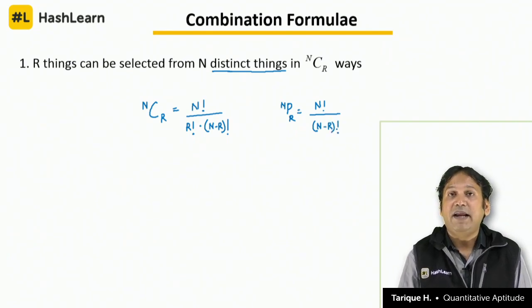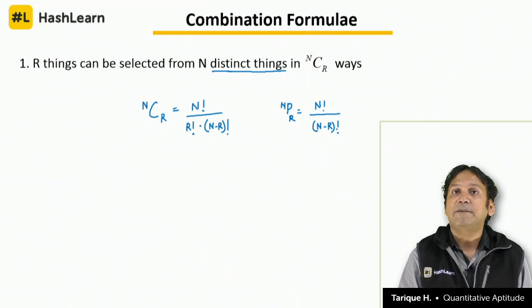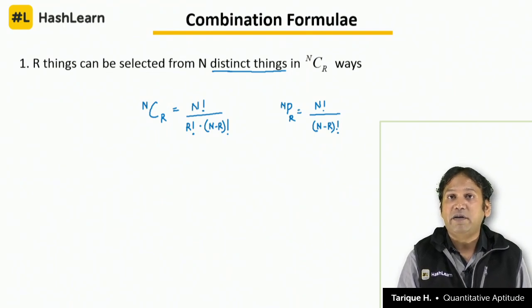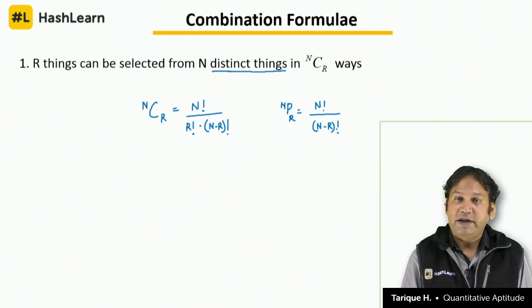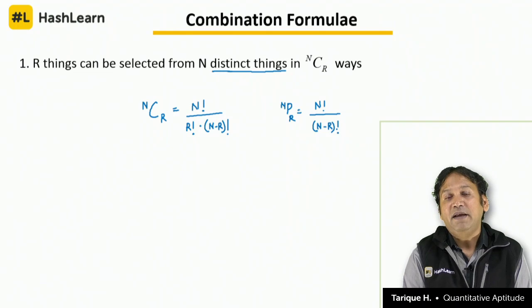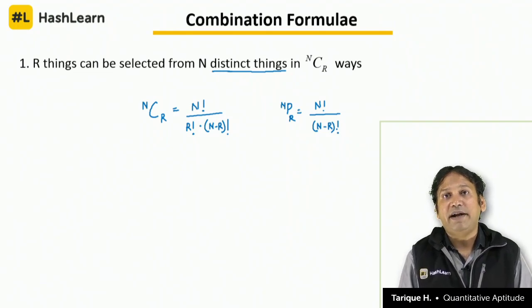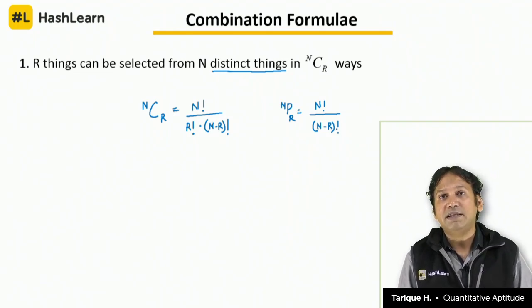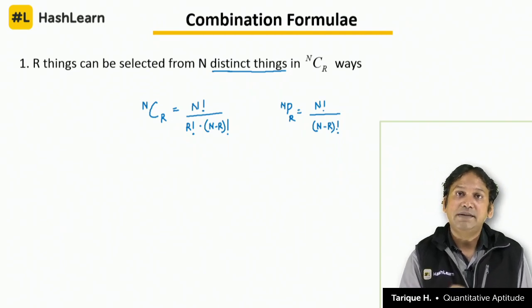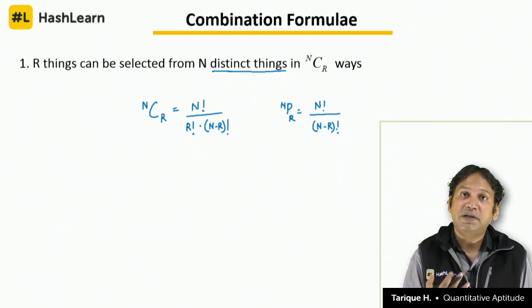Now for the same value of n and R, which will be greater? Will NCR be greater or NPR be greater? If you look at NPR, we are dividing n factorial by n minus R factorial. Whereas if you look at NCR, we are dividing n factorial by n minus R factorial into R factorial. So in NCR, the denominator is bigger.